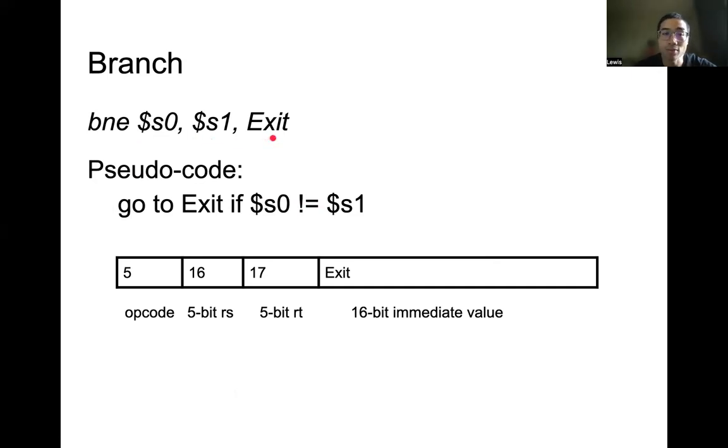If you recall, the idea of this instruction is to go to the label exit if the value inside register S0 is not equal to the value inside register S1. If you translate that into machine code, it's the same thing: op code, then the first register, second register, and then exit tells you the memory address. In this case, you only get 16 bits.